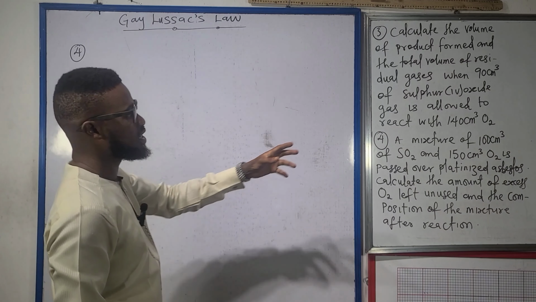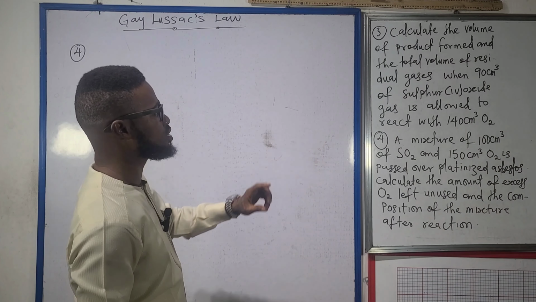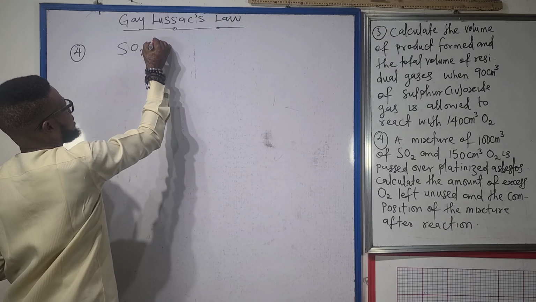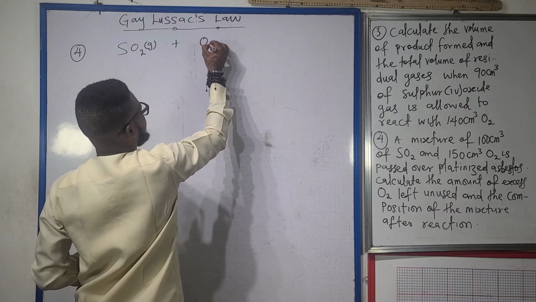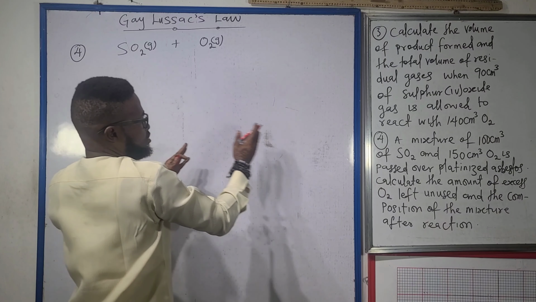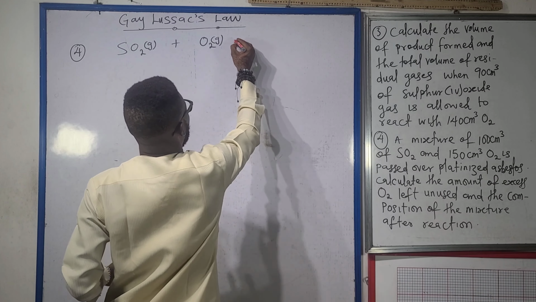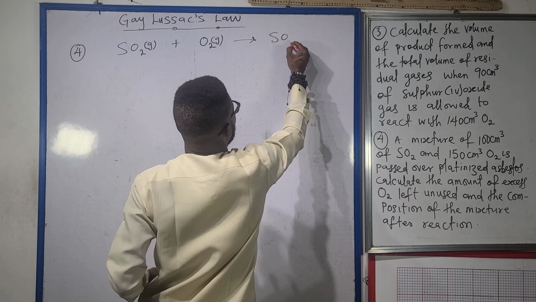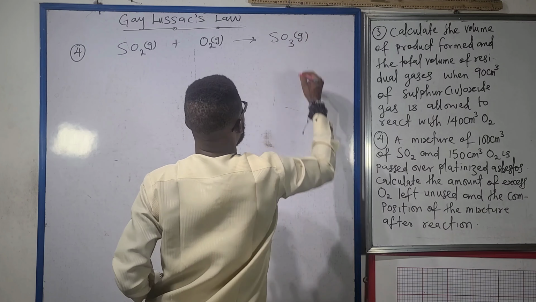For question 4, it says a mixture of 100 cm³ of sulfur(IV) oxide and 150 cm³ of oxygen. This is still about sulfur(IV) oxide gas and oxygen gas, and it's going to form SO3 gas in this case.